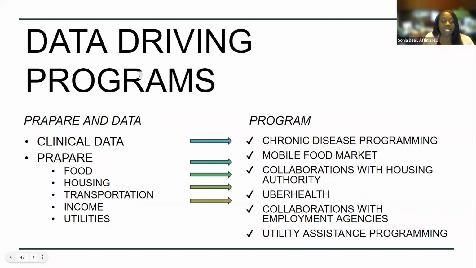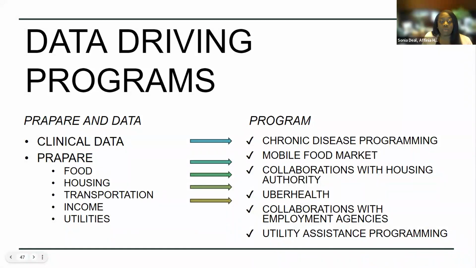So I previously stated that Affinia Healthcare utilizes the Prepare tool to begin to gather data on the community members and the patients that we serve. We utilize this information from the Prepare tool to guide programming in the health center, to also determine future collaborations with external agencies and also internally. And the data also helps us to guide and determine future partnerships to address social determinants of health based on the information that we obtain.